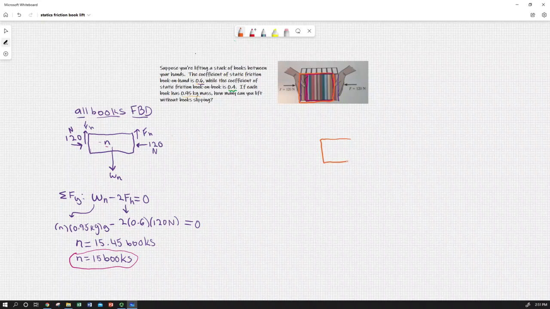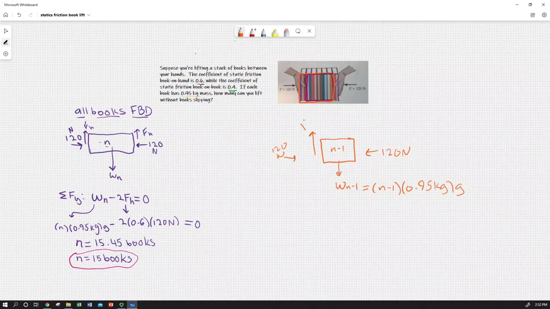So if I were to FBD that down here, I would have n minus 1 books. I want to have weight n minus 1 equal to n minus 1 times 0.95 kilos times gravitational acceleration. I've got applied force from a book on one side, and I've got applied force from a hand on the other side, leading to 120 newtons of normal force.